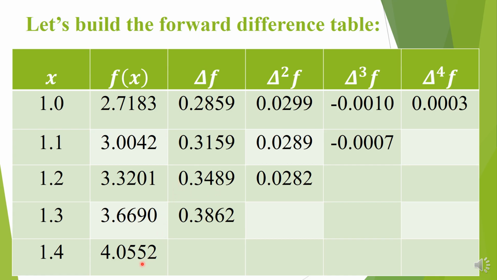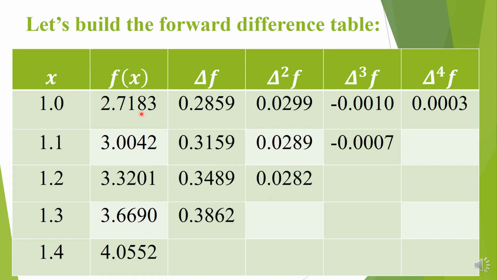Same process in the last step, 4.0552, we will minus 3.6690, then we get this.